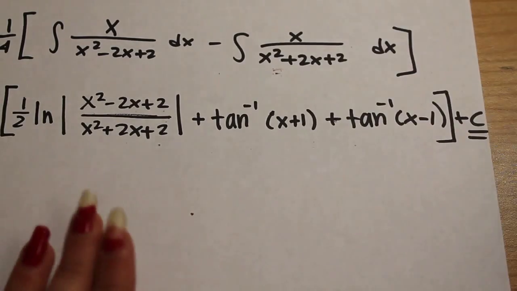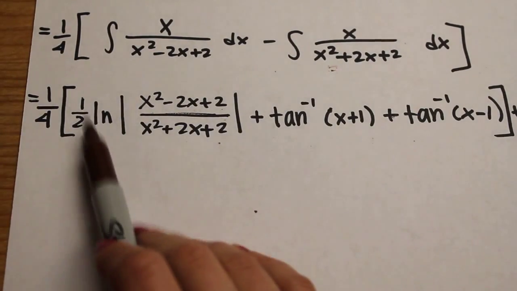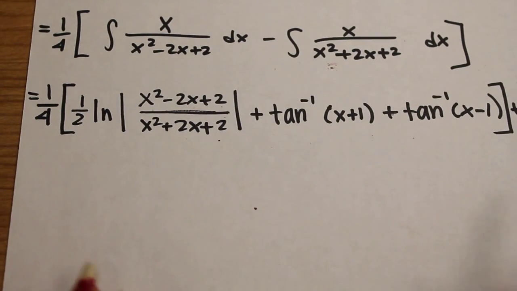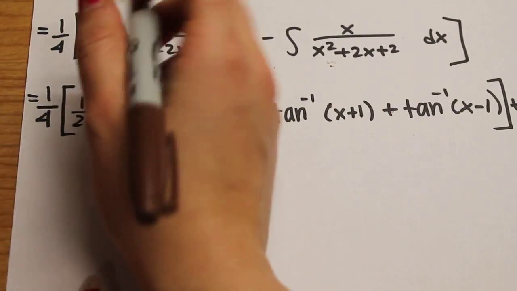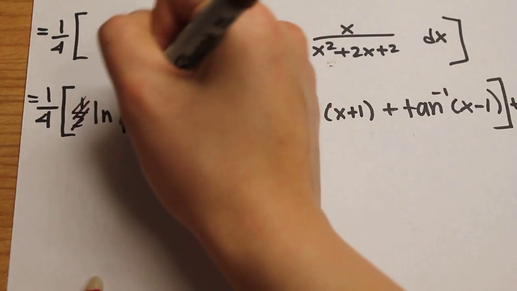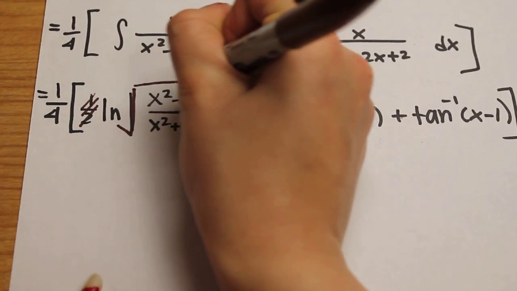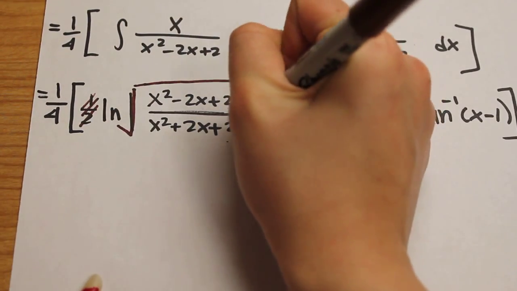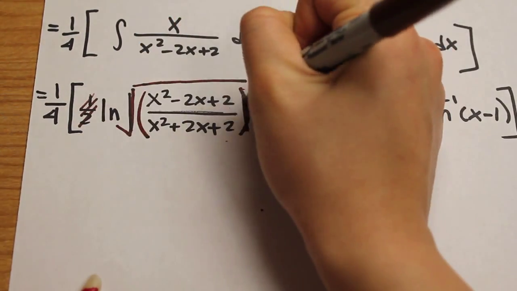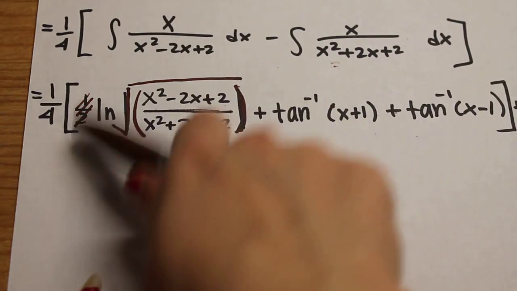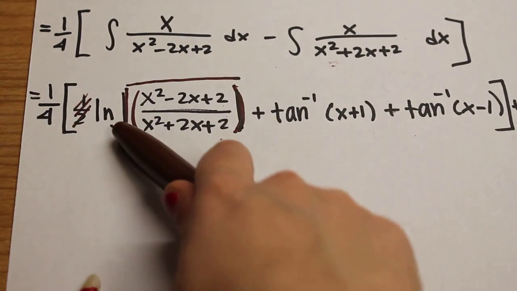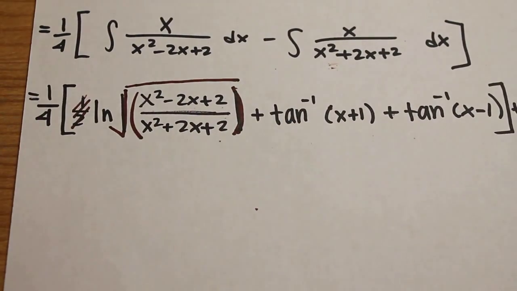And I did factor out the half, and again, based on ln properties, we can say that this half is actually just the square root of this whole thing, right? Which would actually get rid of our absolute value, because for it to be a square root, it can't be a negative value, right?